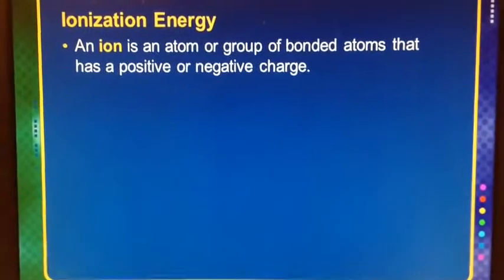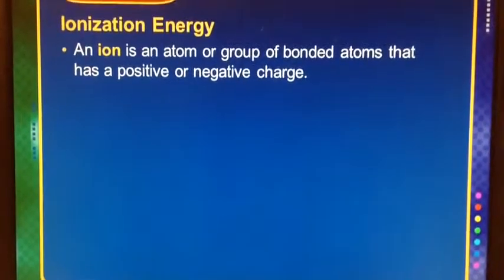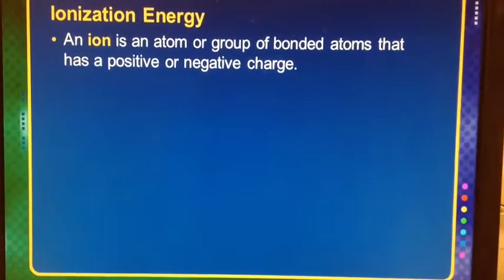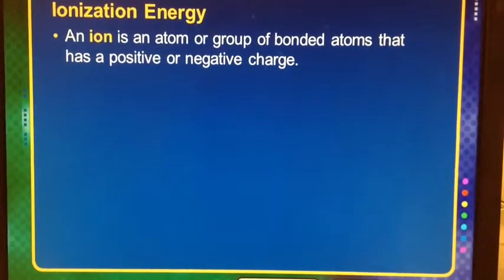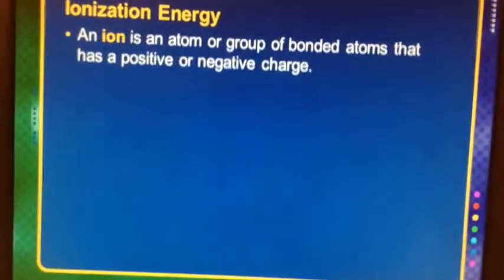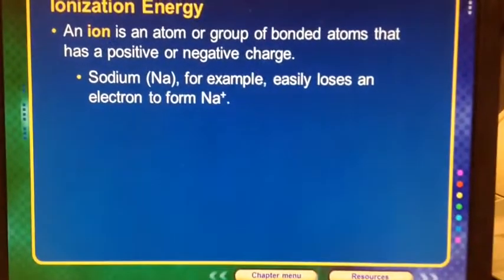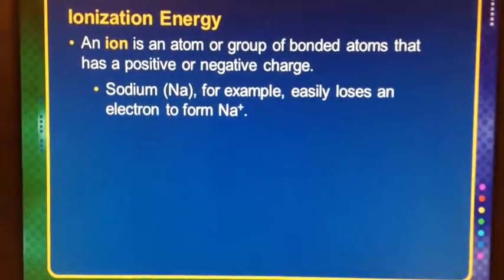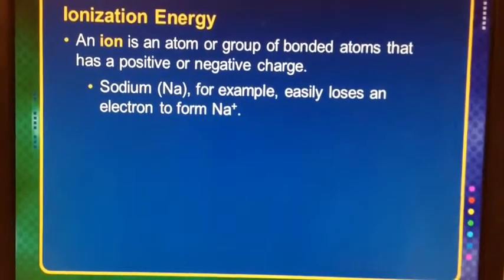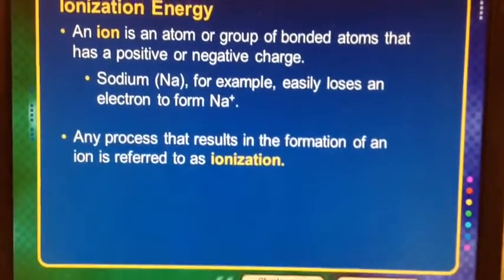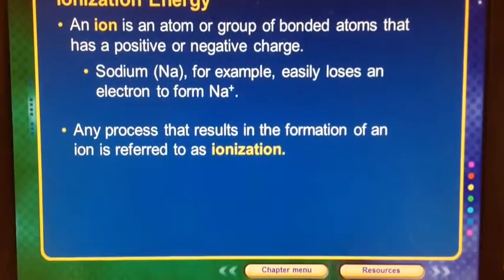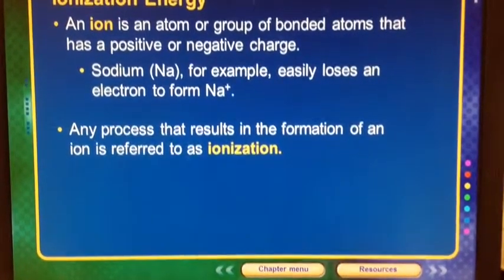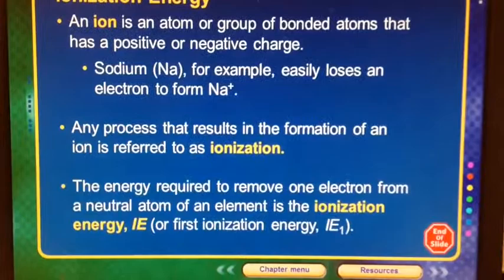All right, now let's move into ionization energy. An ion is an atom or a group of bonded atoms that has a positive or a negative charge. I kind of mentioned that earlier. Sodium, for example, easily loses an electron to form a positive cation. Any process that results in the formation of an ion is referred to as ionization.